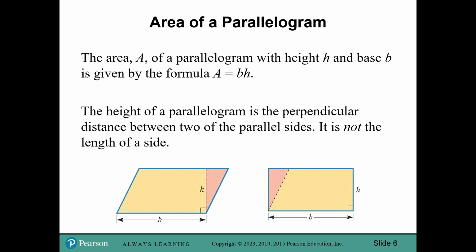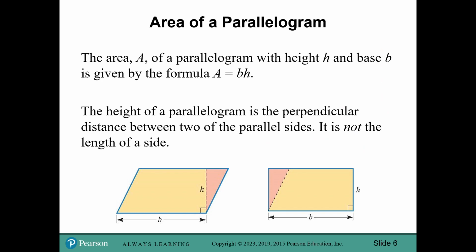All right, let's look at the area of a parallelogram. The area A of a parallelogram with height h and base b is given by the formula A equals b times h. The height of a parallelogram is the perpendicular distance between the two parallel sides.